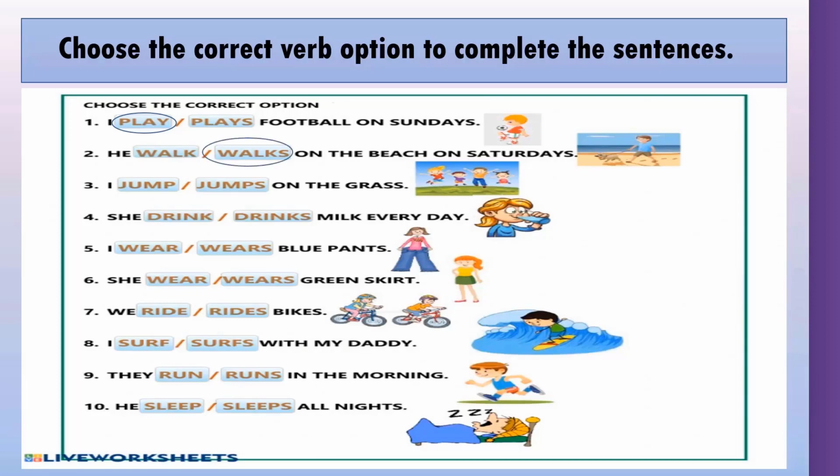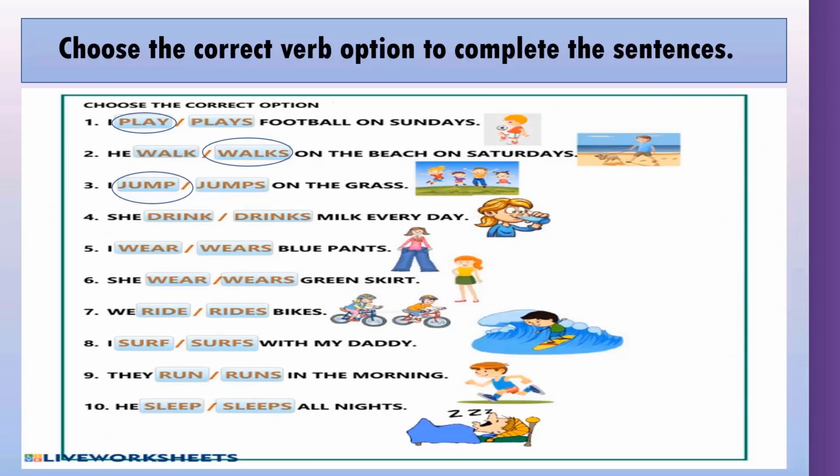Number 2, he is third person singular, so the verb is walk. We have to change it to walks, which we've chosen now, on the beach on Saturdays. Regular again. Number 3, I is not third person singular, so I jump on the grass.